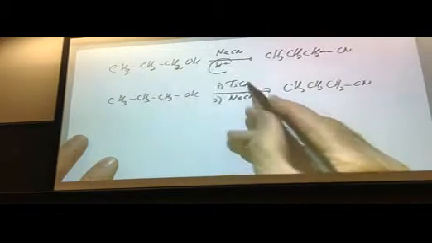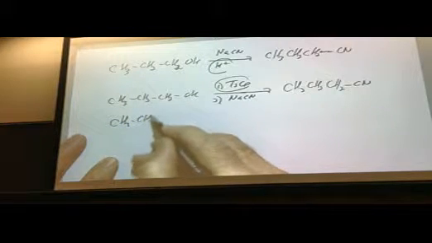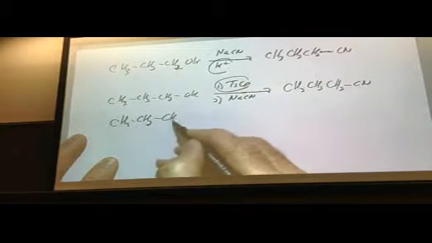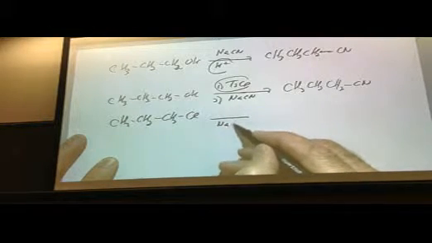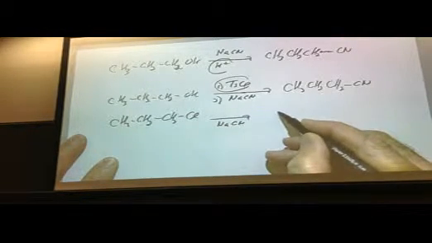Now again, I need special help. I need this to help get rid of that. I need this to help get rid of that. If I have this, I have a halogen. I don't need anything special. I can just simply add sodium cyanide.